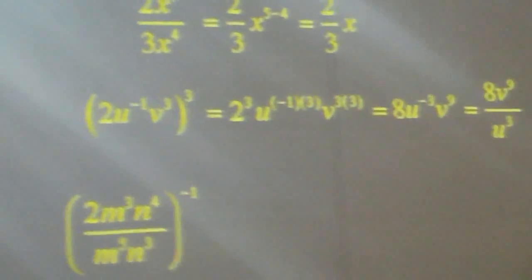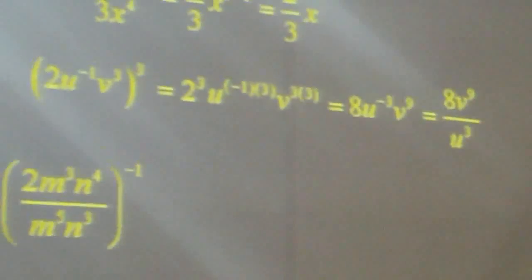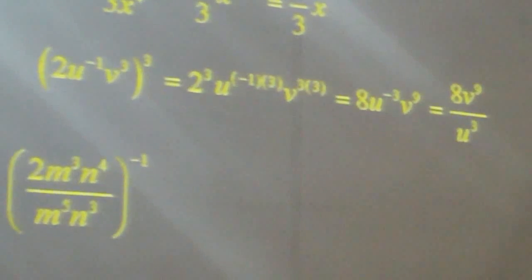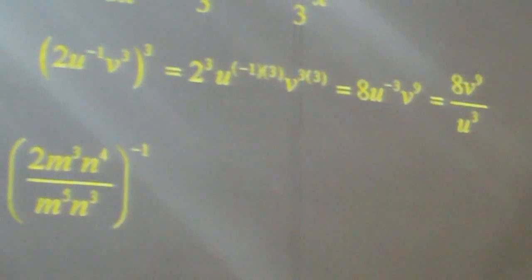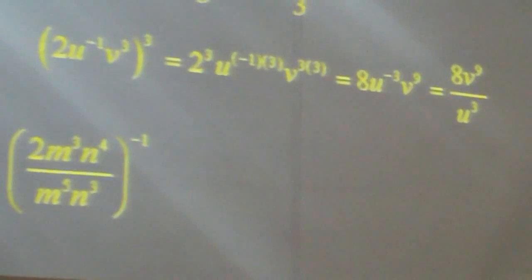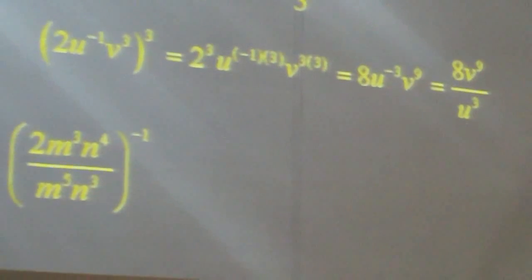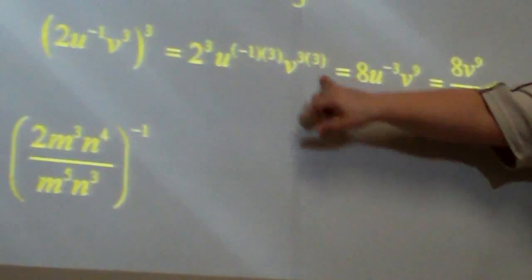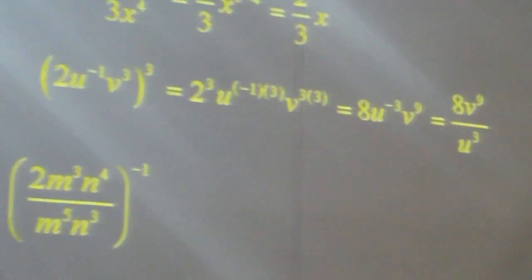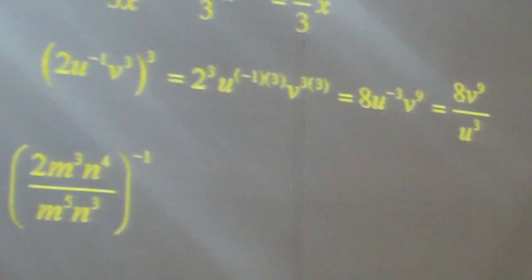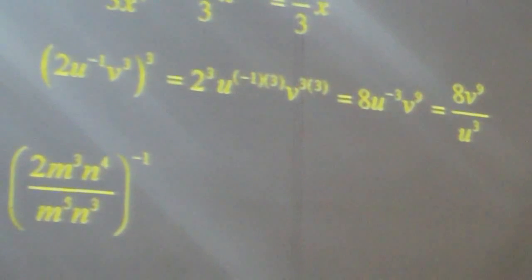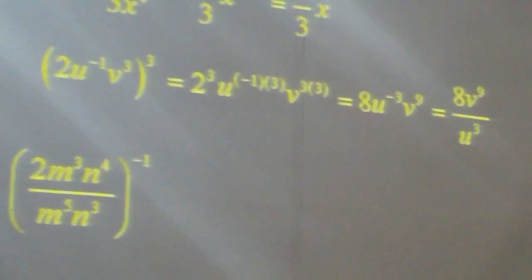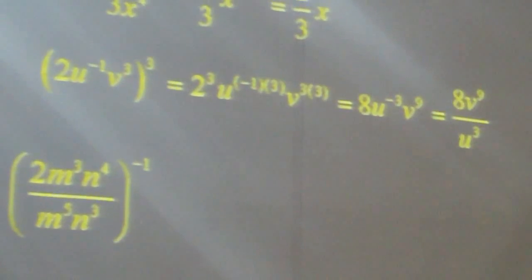It's really 2 raised to the third, u with a negative 1 times 3, which is really what type of 3 then? Negative times positive. So it's really negative 3, and 3 times 3 is 9. So it's really 8u to the negative 3 v to the 9th.